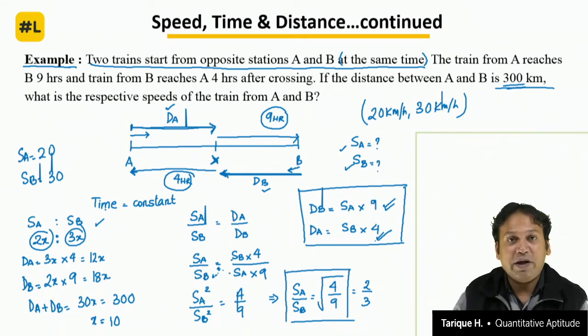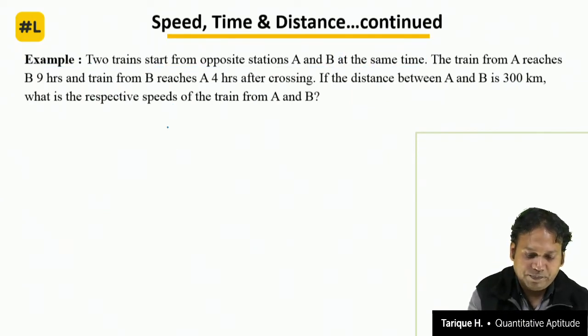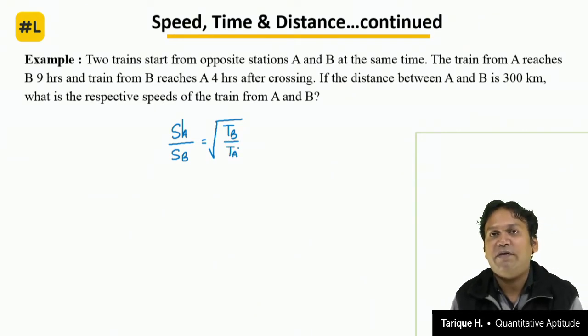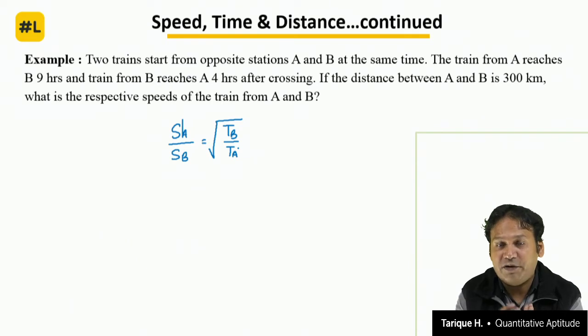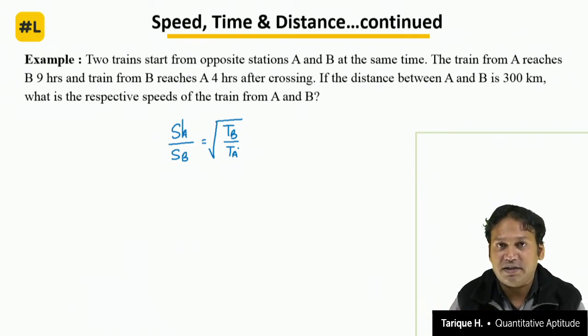Now if you get the same question again in an examination, what you can do is directly remember the formula, that SA by SB is equal to under root TB by TA. In this type of question where two objects start from A and B, and the time taken by the two objects after crossing to reach their respective destinations is given to you.